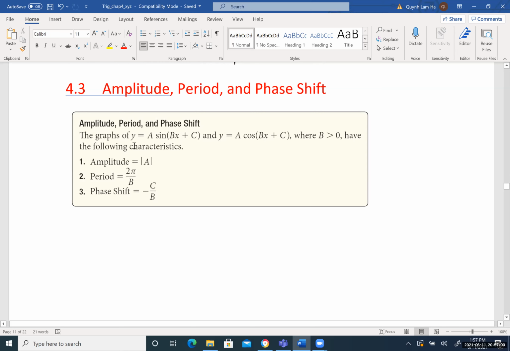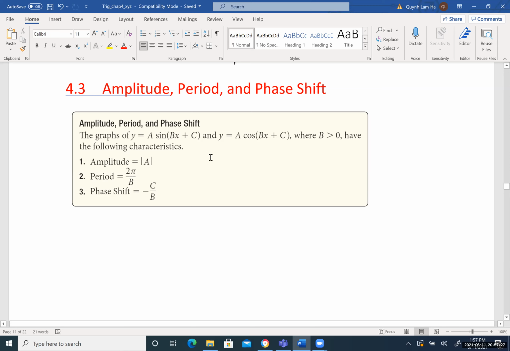This formula is y equal to capital A times sine of bx plus c. So this relates to phase shift and is similar for cosine. And b should be positive, okay? And it has the following characteristics. The amplitude is the absolute value of A. The period will be 2 pi divided by b. This applies for sine and cosine.